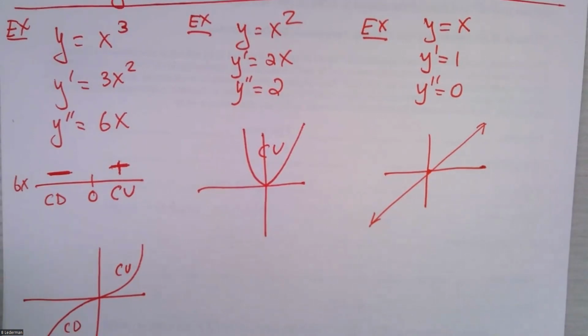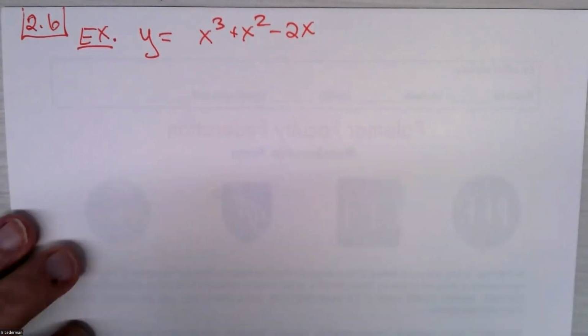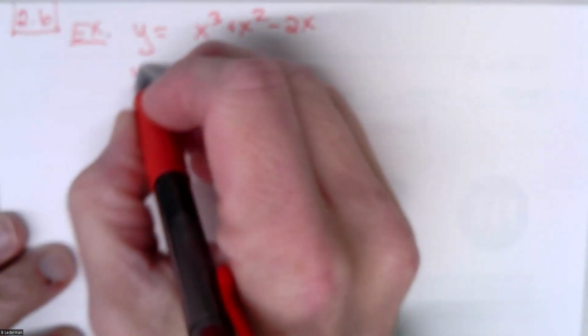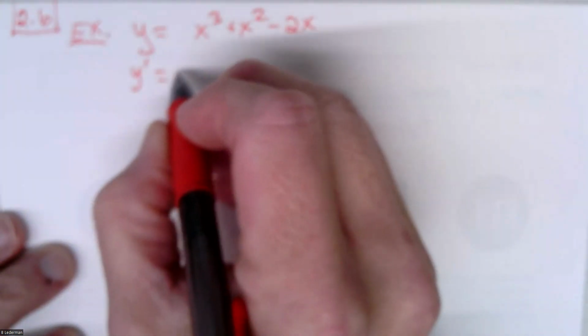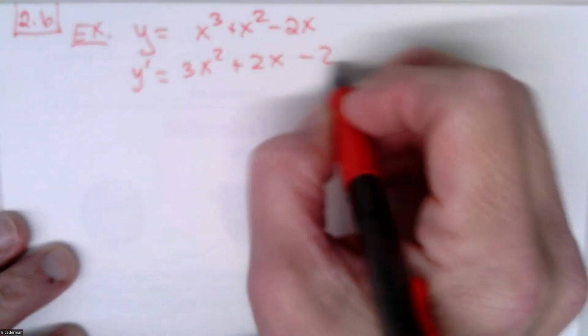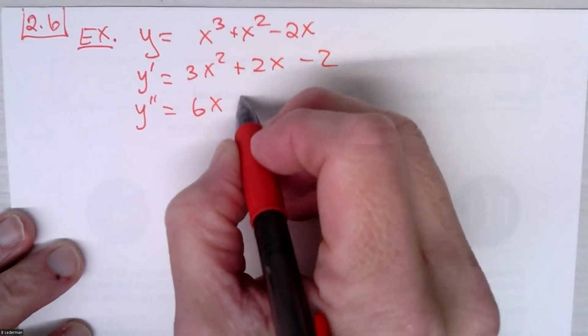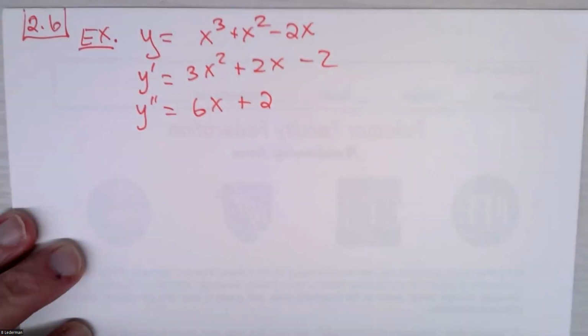Okay, we're going to do some more fabulous examples. Here's a nice example. y equals x cubed plus x squared minus 2x. So y prime is equal to 3x squared plus 2x minus 2, and y double prime is equal to 6x plus 2.